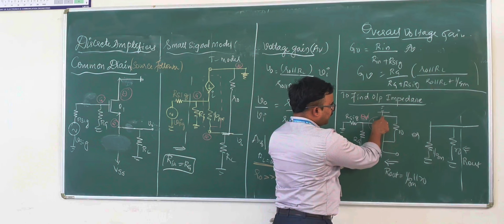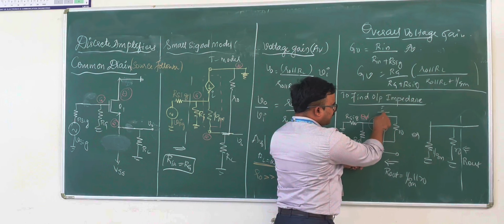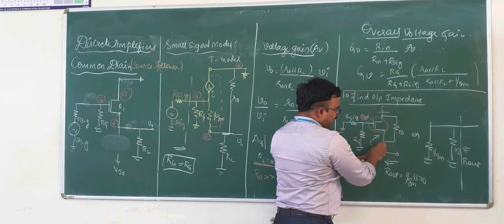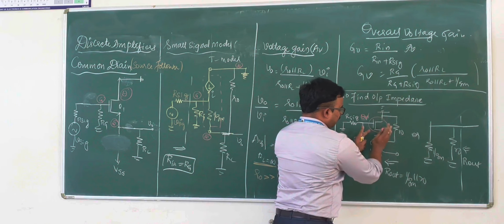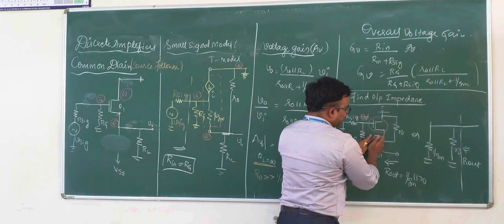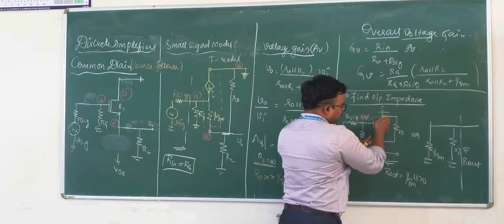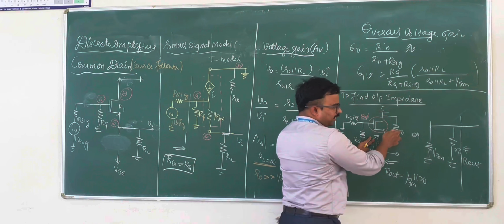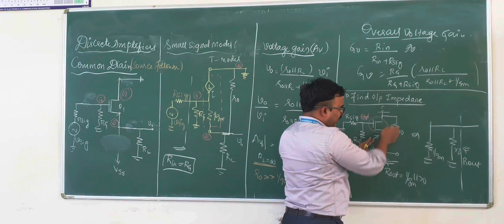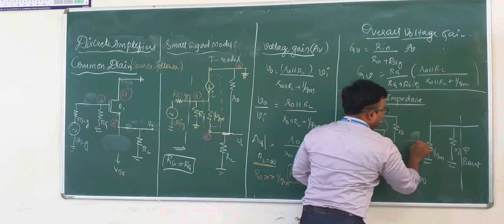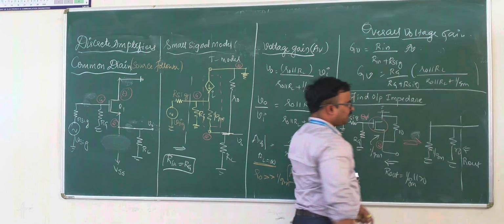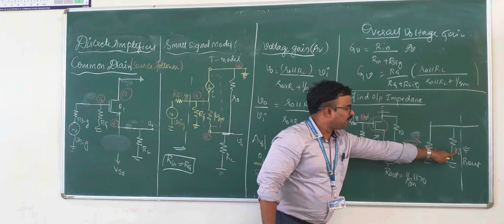The transistor drain is connected to ground, and R0 has one end connected to the source. Looking at this side, you have 1 by gm connected between source and drain, and another resistor R0 connected between drain and source. I can simplify this circuit as 1 by gm parallel with R0.